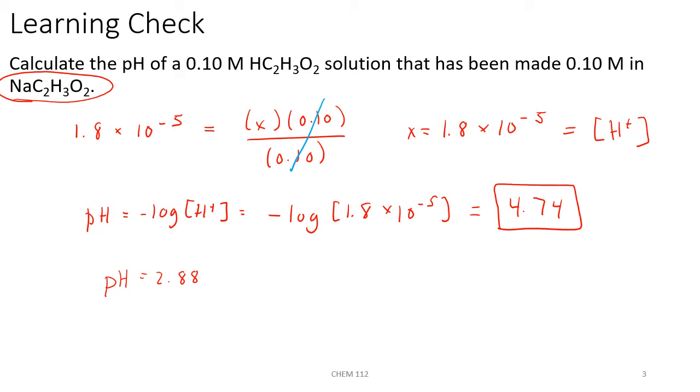So the pH is greater in a common ion solution than it is in just a pure weak acid solution. Essentially, the presence of that acetate anion in solution made our pH a little more basic. And having a weak acid in solution with some of its conjugate base is actually called a buffer solution.